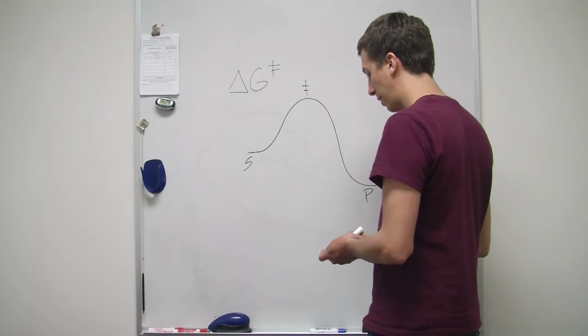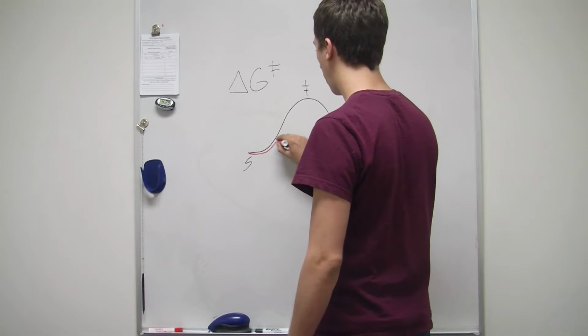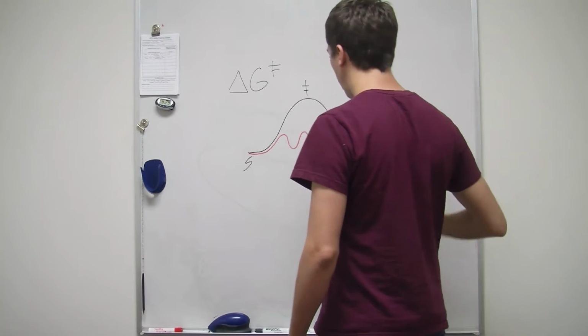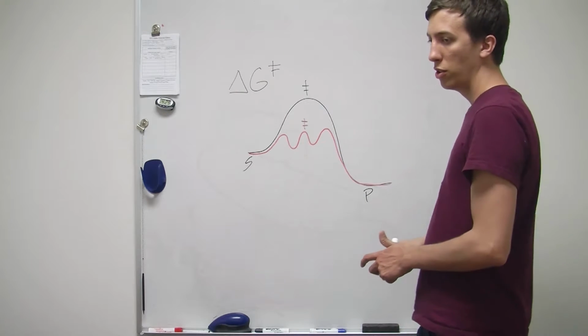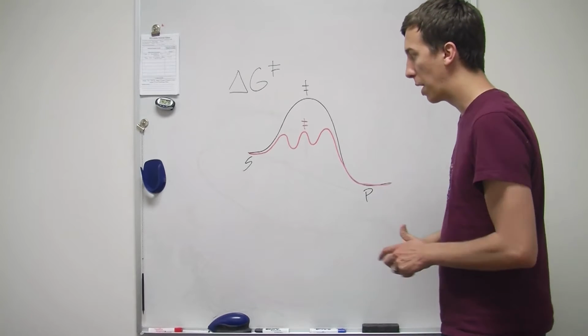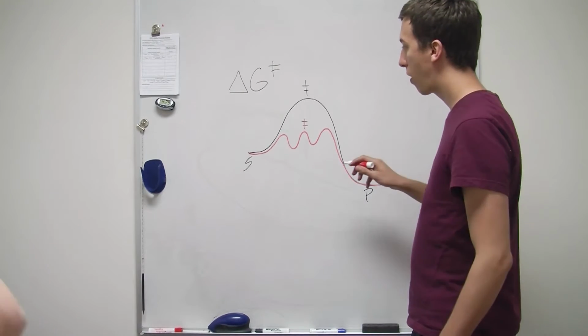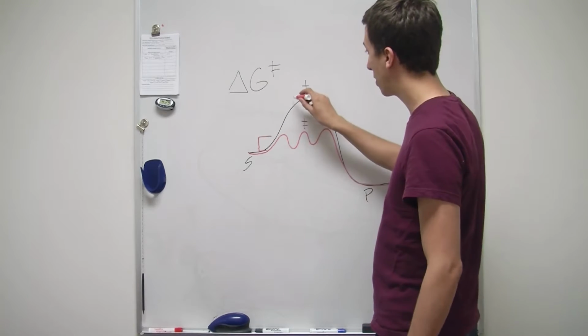Now, when I throw an enzyme in there, it does something like this. So it's our new transition state. What is delta G represented by, what area? The difference between the substrate and the transition state.